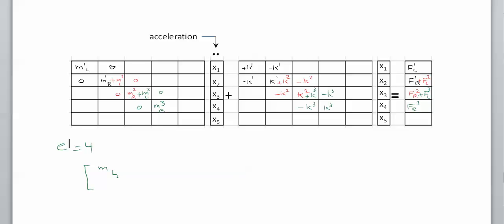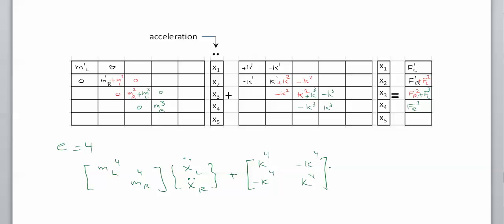So it's going to be ML, MR, but these are from element number 4, XL, XR, from element number 4, of course, plus K4, minus K4, minus K4, K4, times displacement equal to FL, FR, but these are coming from element number 4. And we can now put it in the right spot down below.